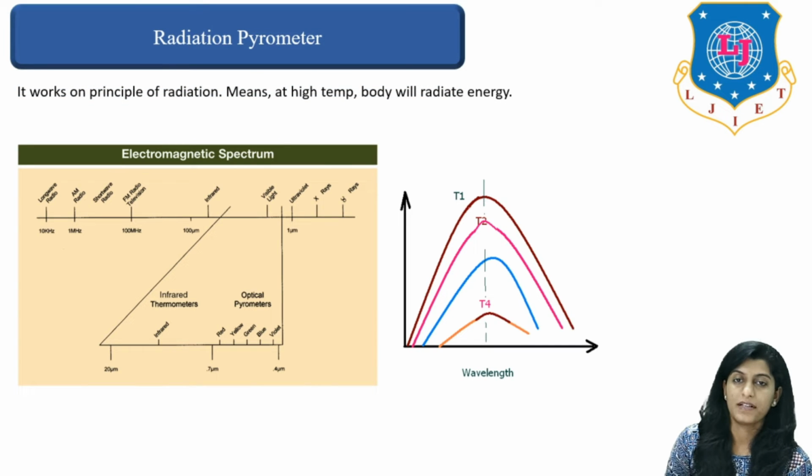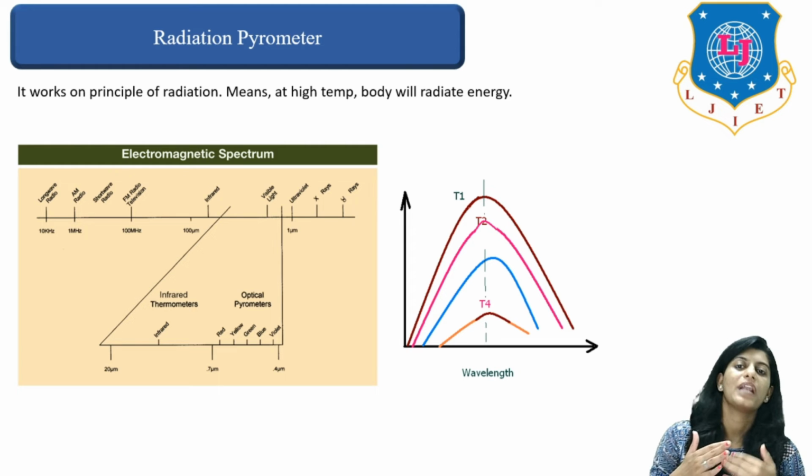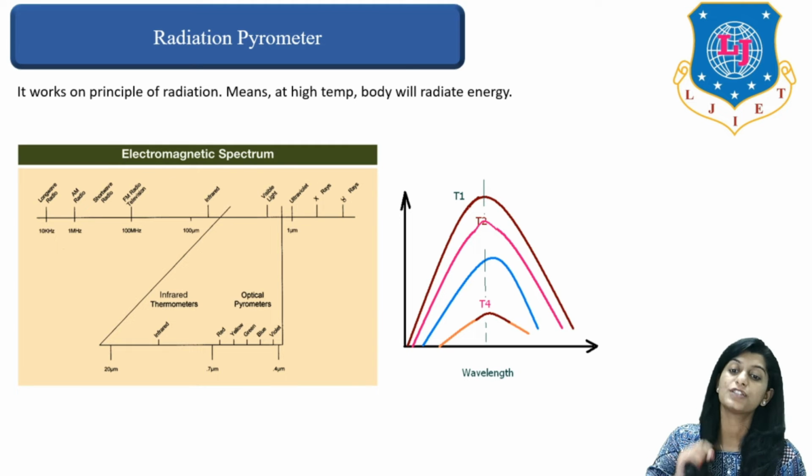Radiation pyrometer. So what do we understand by the word radiation pyrometer? It works on the principle of radiation, as the word itself suggests. With the help of radiation, it will help us to determine the temperature of that particular body. It works on how the radiation is being emitted by the hot body.